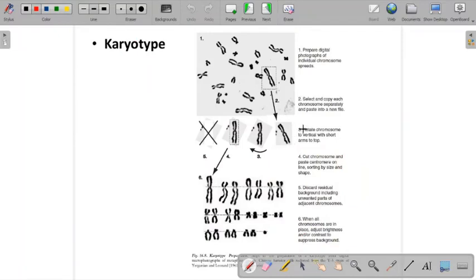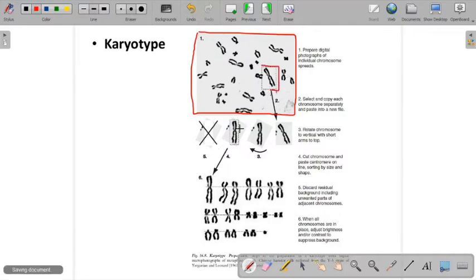Karyotyping is very important. How do we exactly take a photograph? Once we spread it completely, we take the picture from the microscope, we cut it and we arrange it likewise.